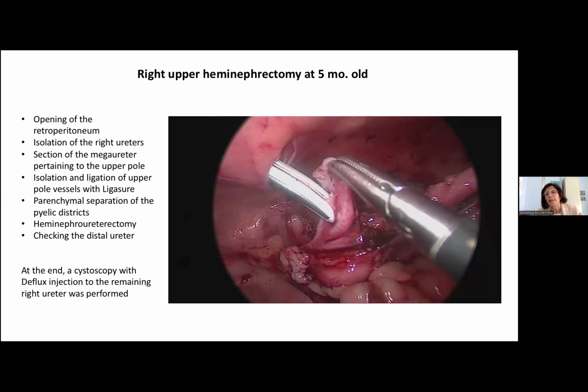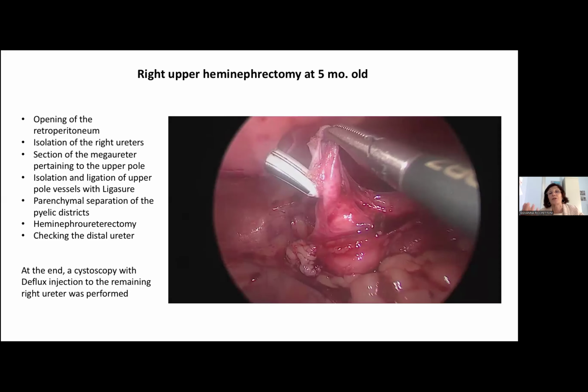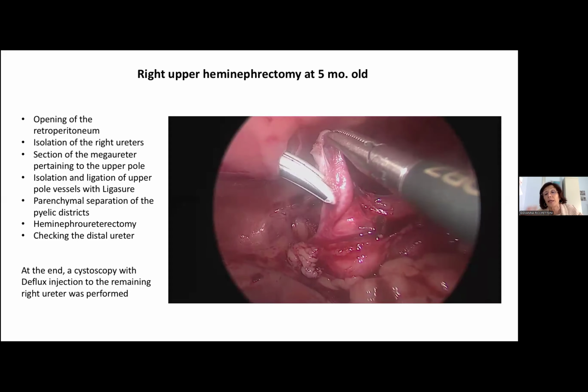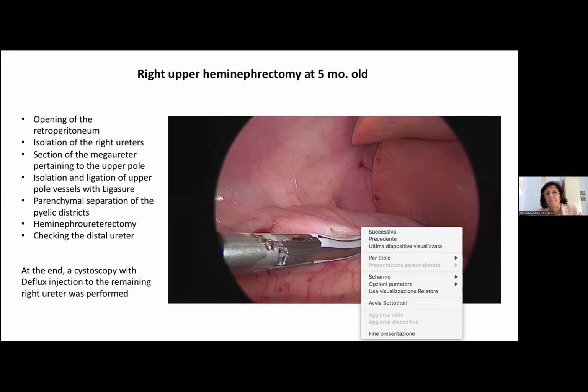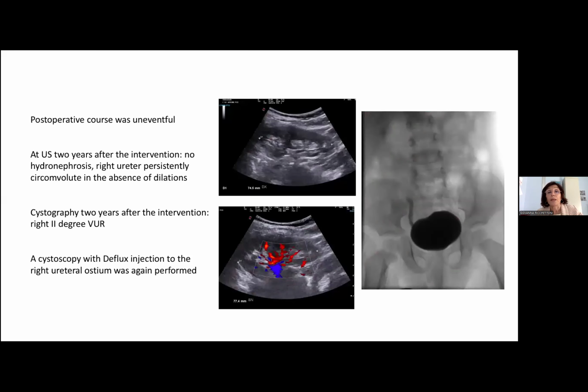In this case, the extent of the dissection was important, but not as in the case that I presented previously, because it was not refluxing, it was a stenotic ureter, and the reflux was in the lower pole and not in the upper pole. This was the postoperative course.